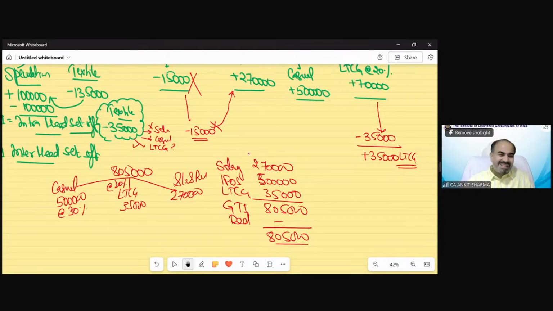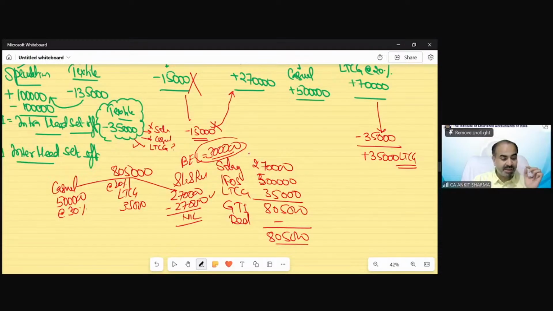So what is the basic exemption limit in case of default tax regime? The basic exemption limit under default tax regime is 3 lakh rupees. So I can utilize this 3 lakh rupees out of my slab rate income. So this becomes nil. Out of the 3 lakh basic exemption limit, we have utilized 2,70,000.